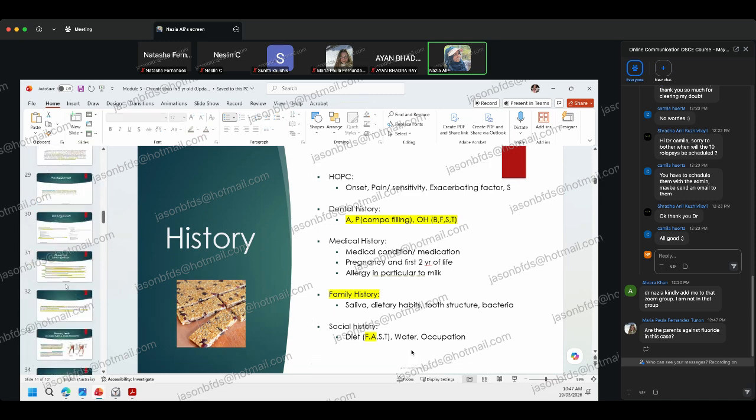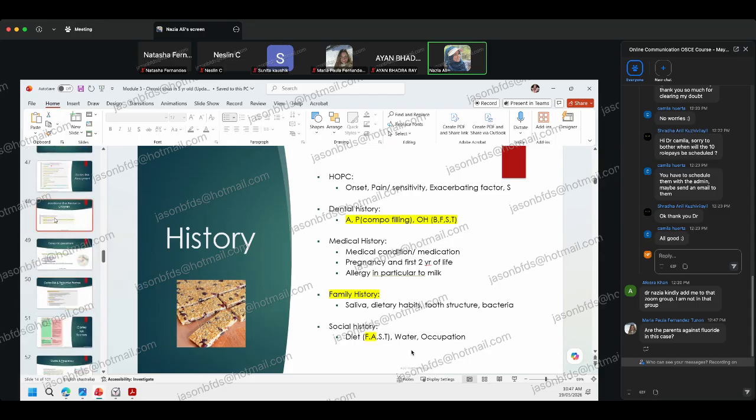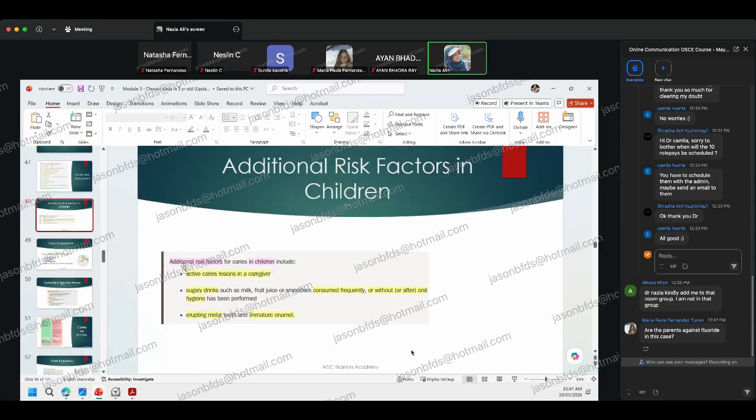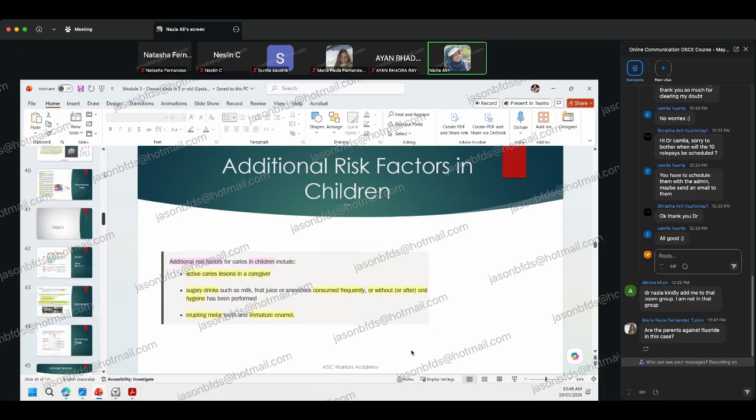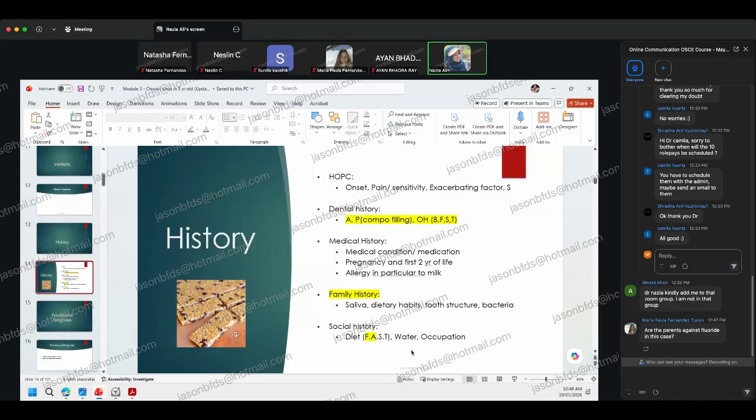They say that additional risk factors in children could also be in the caregiver, because sometimes they might have genetically deep grooves, or even caries, or it's just the diet in general. Everybody's eating it. But if you miss that, it's not a big deal. Do not miss texture and juices, because juices are the ones that wear down the fillings.